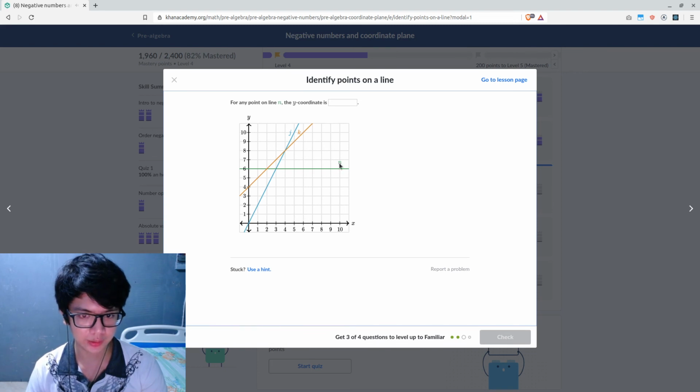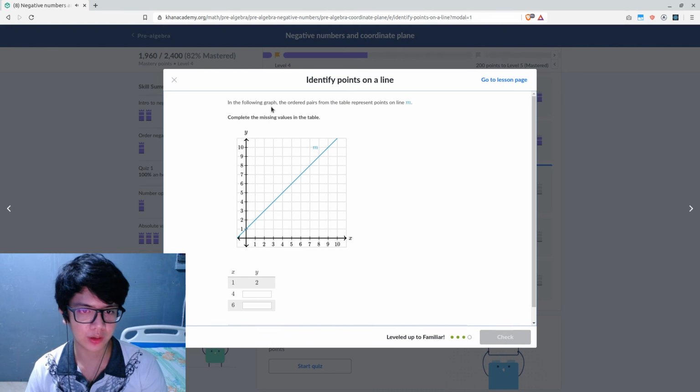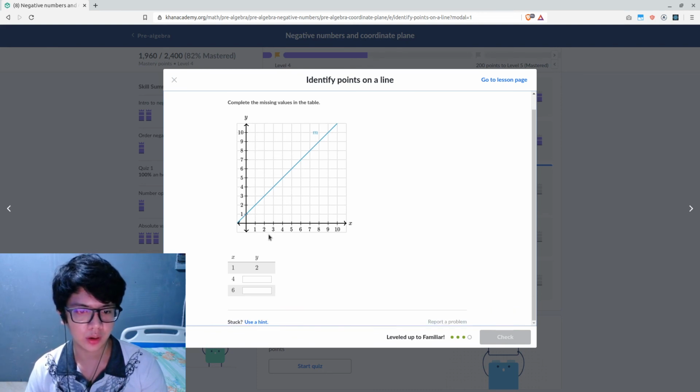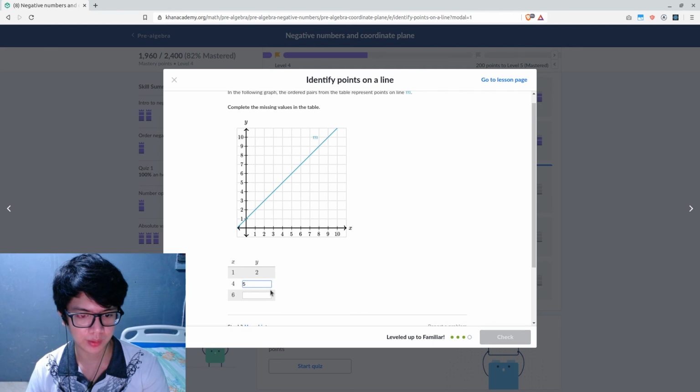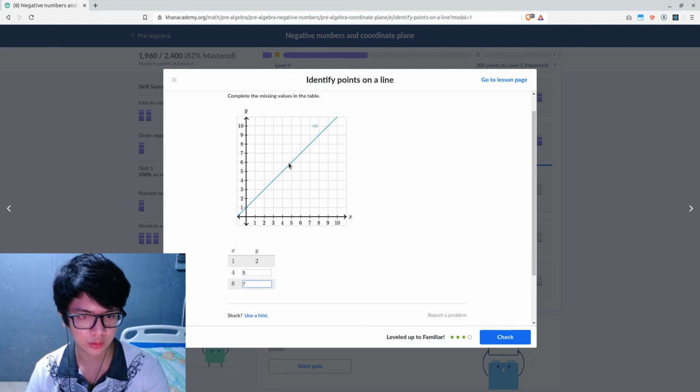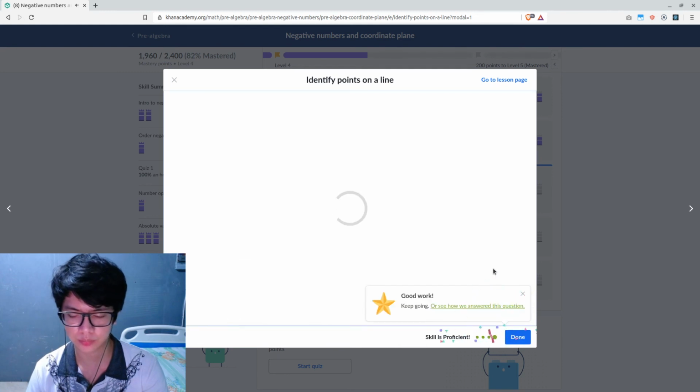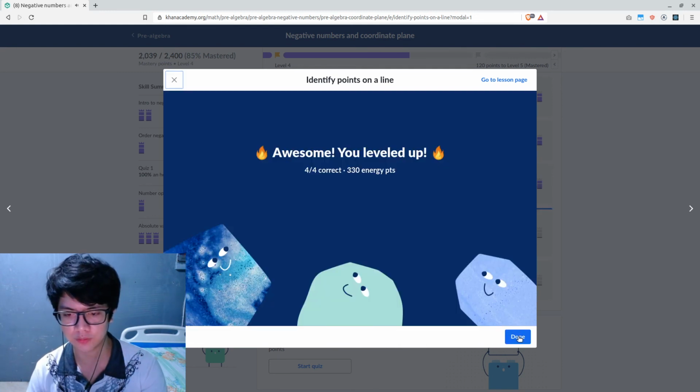Line N, the y is 6. In the following graph, the ordered pairs from the table represent line M. Okay, 1, 2, 4, 4, 5, and I guess this is 6, 7. 6. It's linear stuff.